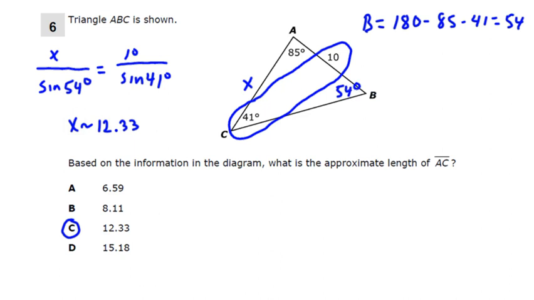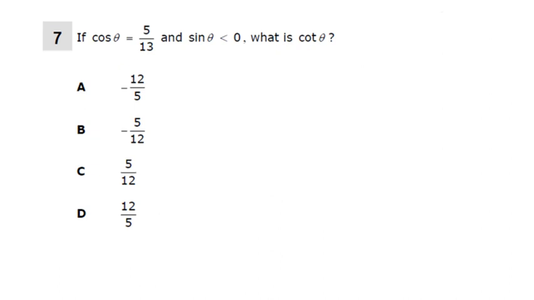7. If cosine theta equals 5/13 and sine theta is less than 0, what is cotangent theta? Well, a number of things are helpful to you to do this. One thing I like to do is you can just kind of sketch things out. Well, what are we going to sketch out?